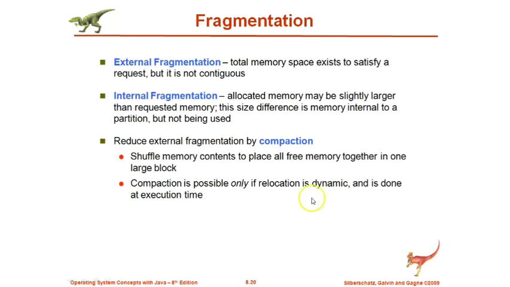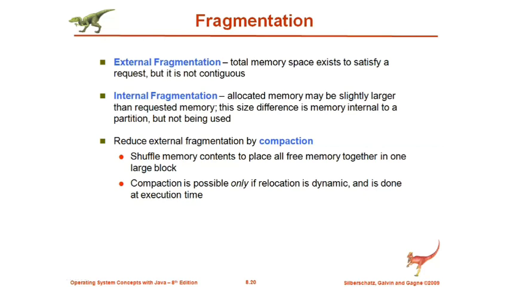Next we'll see fragmentation. What is fragmentation? Already we know it is dividing a particular memory into a number of smaller memory segments. As processes are loaded and removed from memory, the free space is broken into little pieces. This is nothing but fragmentation.